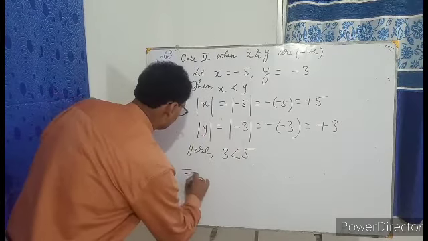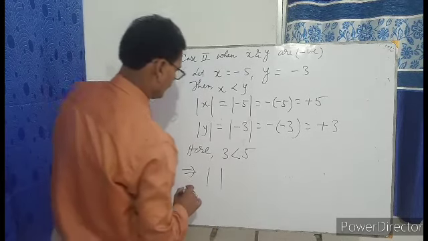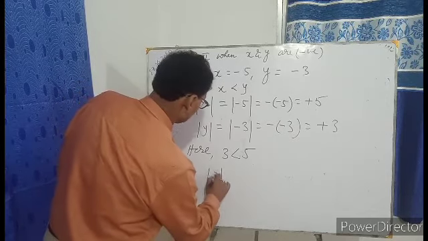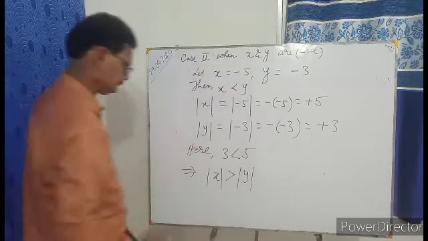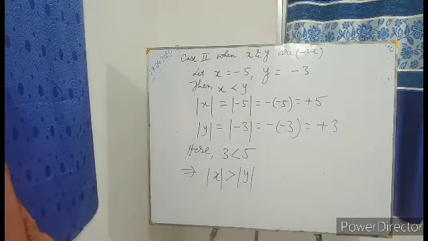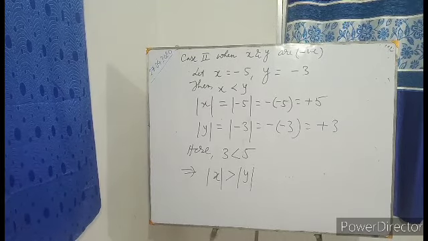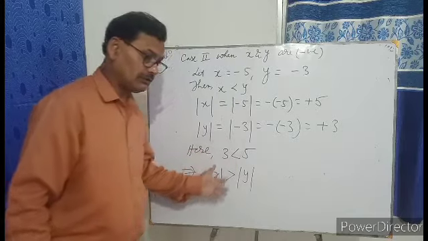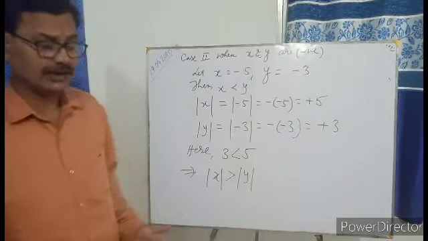This implies that the absolute value of x is greater than the absolute value of y. But what was the statement? The original statement was that the absolute value of y is greater than the absolute value of x.